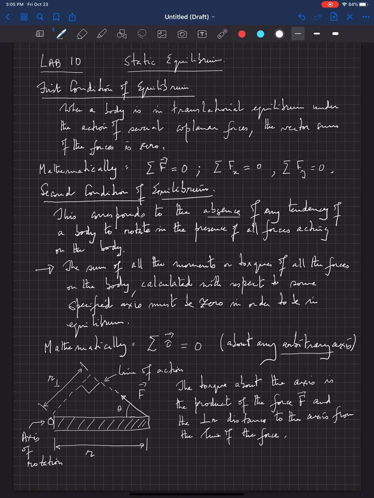And so what is the definition? The definition then is tau equals the product, and we're going to talk about magnitudes here now, a product of F times R perpendicular.